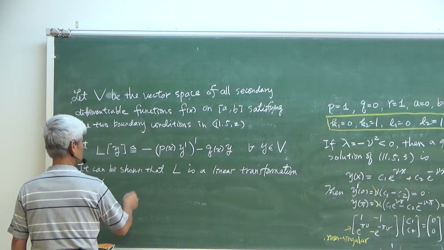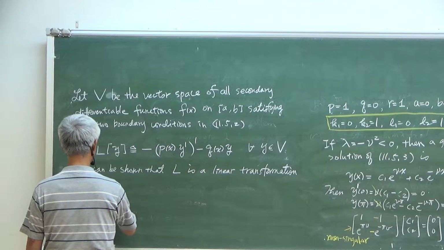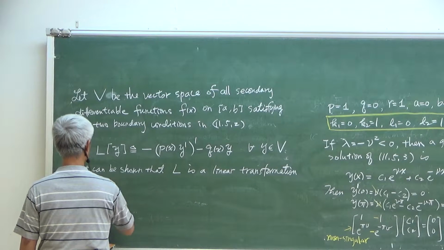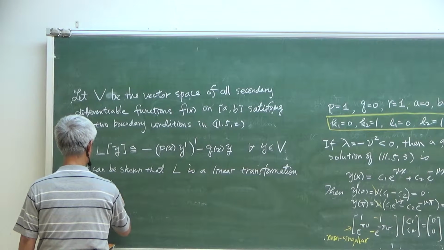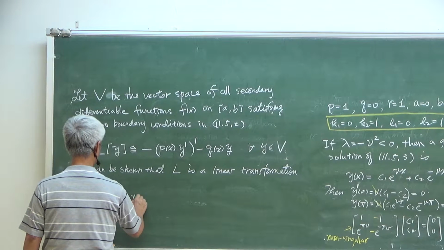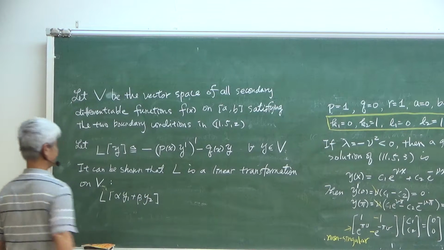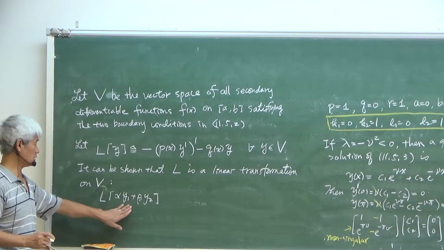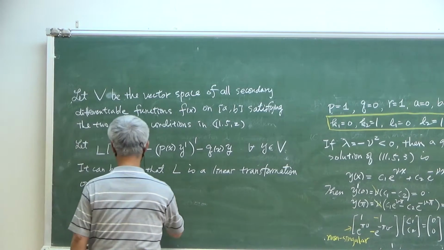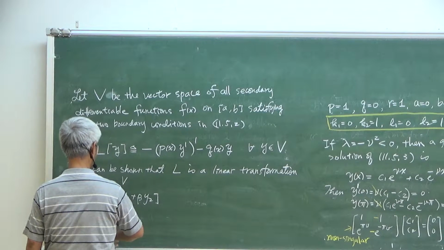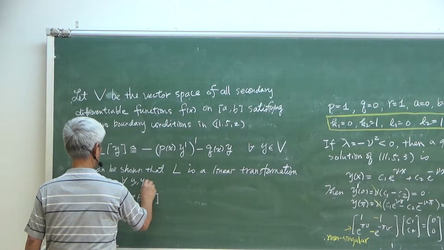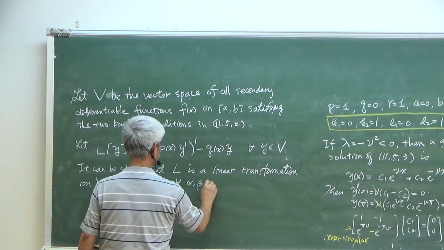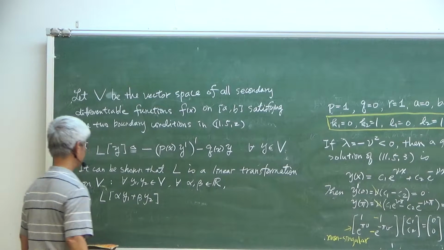Well, we can see that, take alpha y1 plus beta y2. So the operator L operates on the linear combination of y1 and y2, for all y1, y2 in the vector space, and for all alpha, beta real.